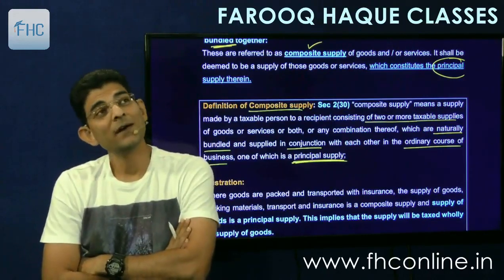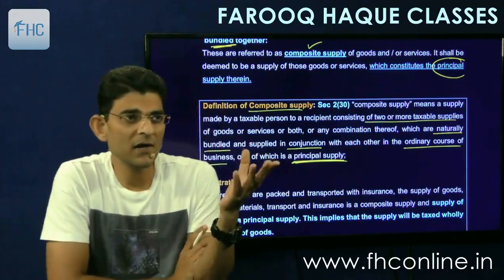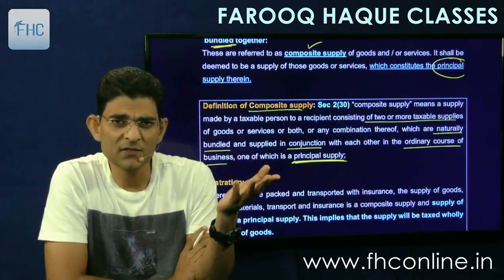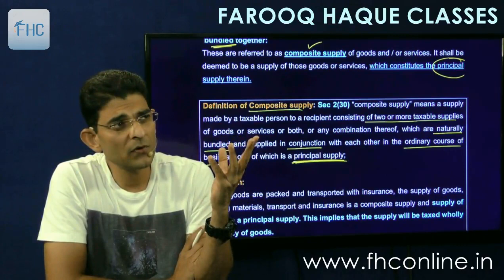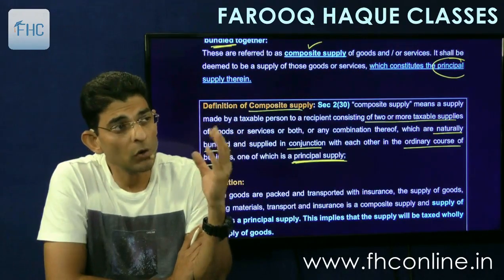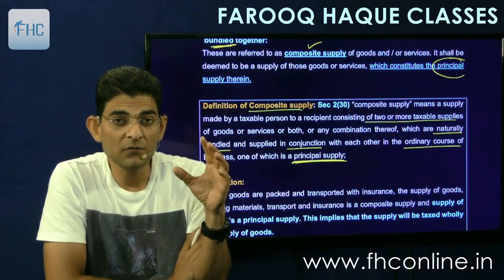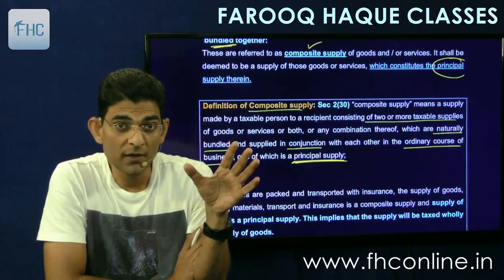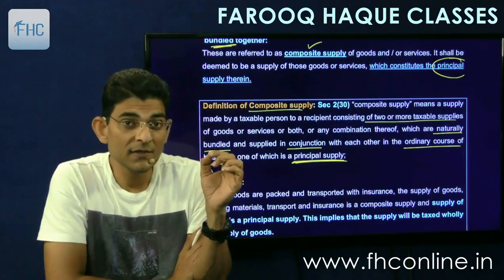Or you go to, let's take another example. One example I gave you. You sell cars and along with car you sell some of the accessories. Then let's take example of a hall, convention center. So in convention center they give you the hall for use as well as the food, and they charge per plate basis.